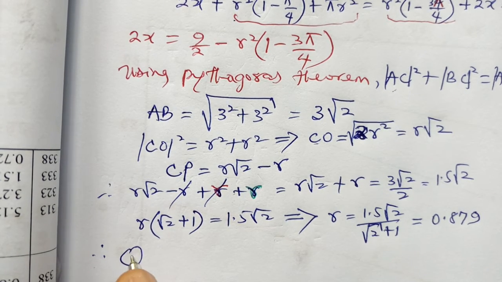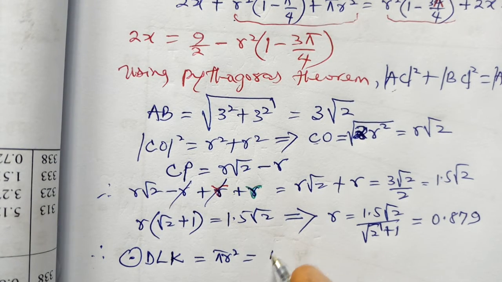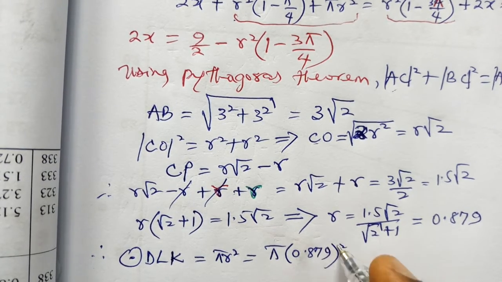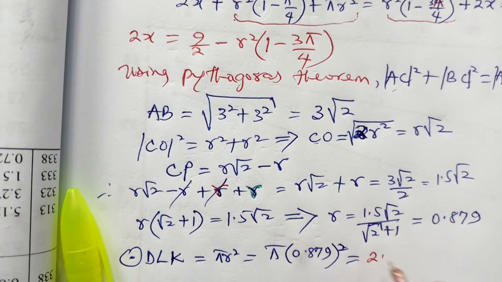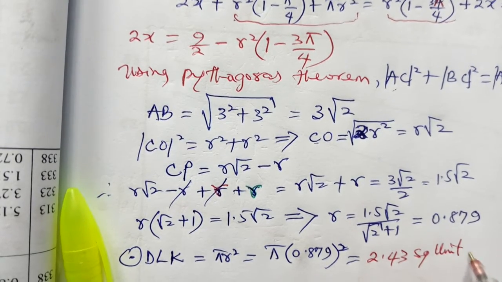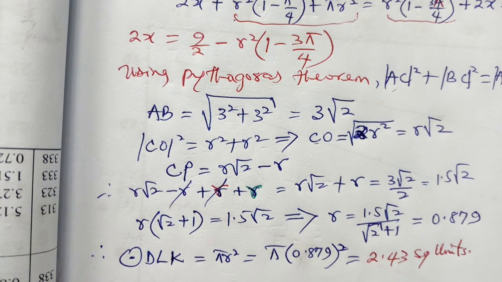Therefore, the area of circle DLK, the one in green in our figure, is equal to pi r squared, which is equal to pi into 0.879 squared, where pi is 3.142, and you have it to be equal to 2.43 square units. Okay, that's for the circle.